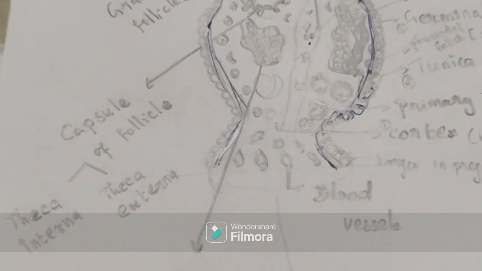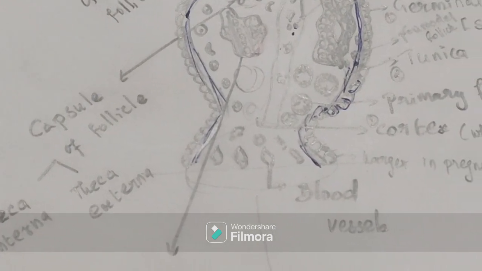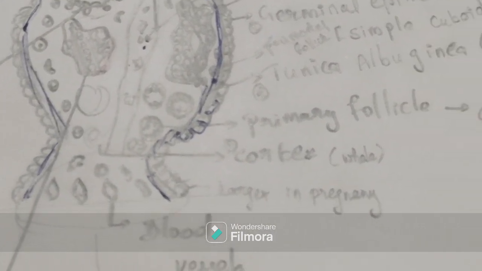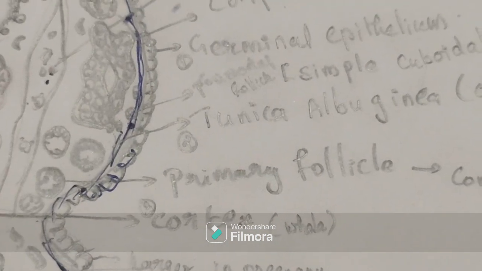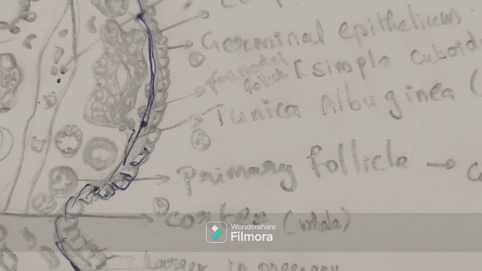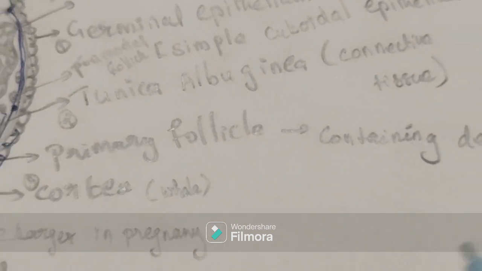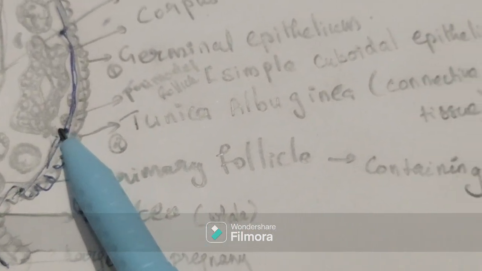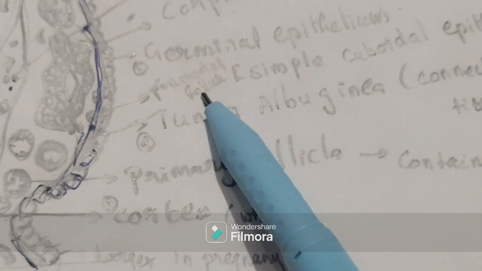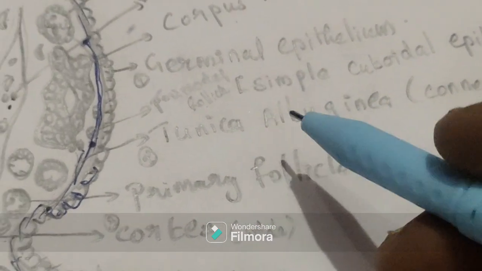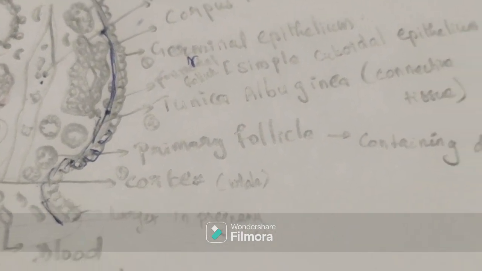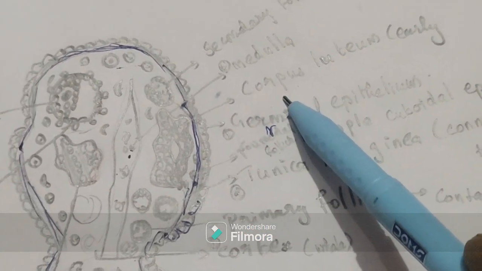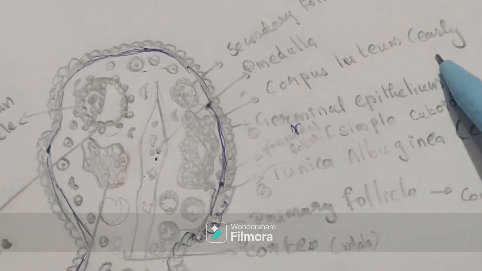Then the primary follicles give rise to the primordial follicles. And here the mature corpus luteum is also present.